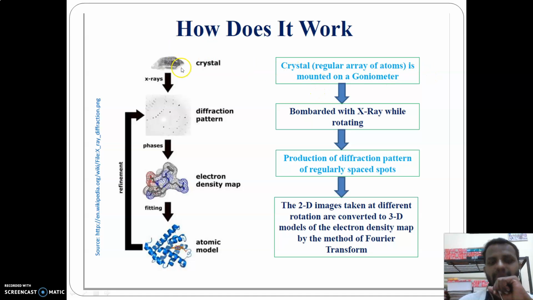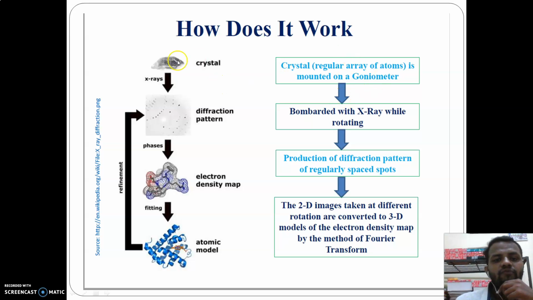Regular array of atoms means the compact crystal is composed of a number of layers of atoms, either horizontal layers or vertical layers. So this intact crystal will have n number of layers. This regular array of atoms is mounted on a goniometer. Goniometer is the tool on which we keep this crystal, which we consider as the mounting.